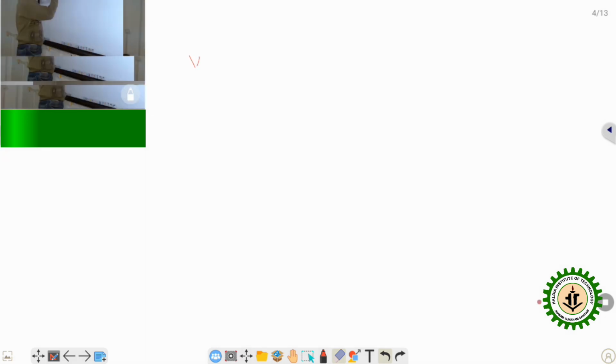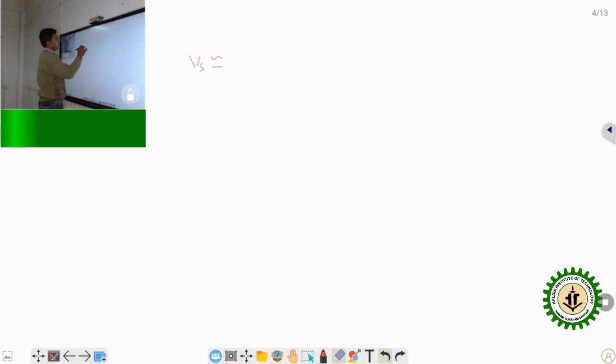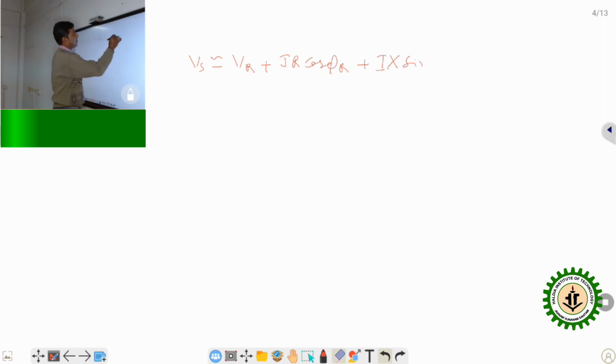Vs is approximately equal to VR plus IR cos phi plus IX sin phi.